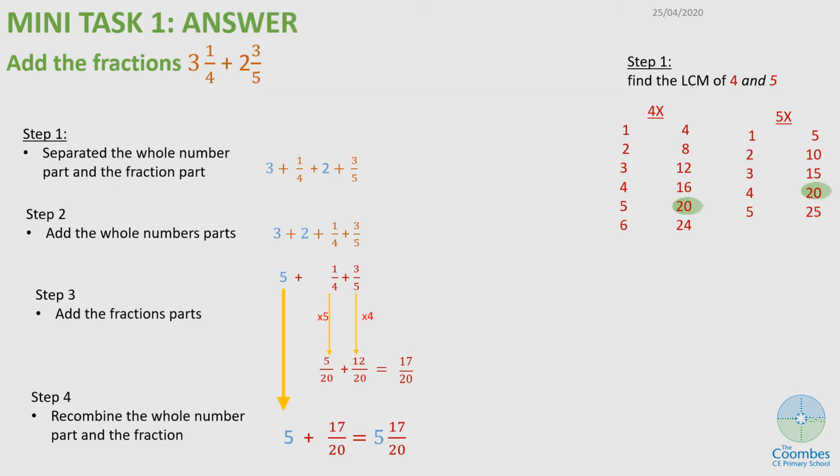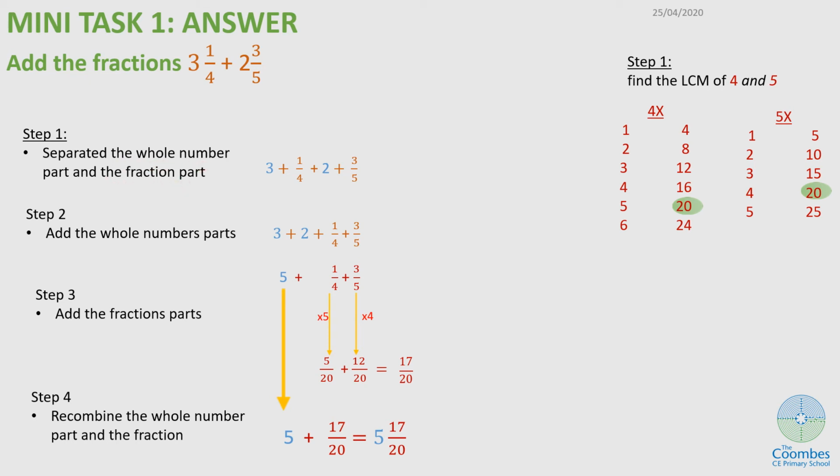Now, how did you do? Let's see how we will add 3 1/4 plus 2 3/5. Again, we follow our steps. Step 1 was to separate the whole number part and then the fraction part.